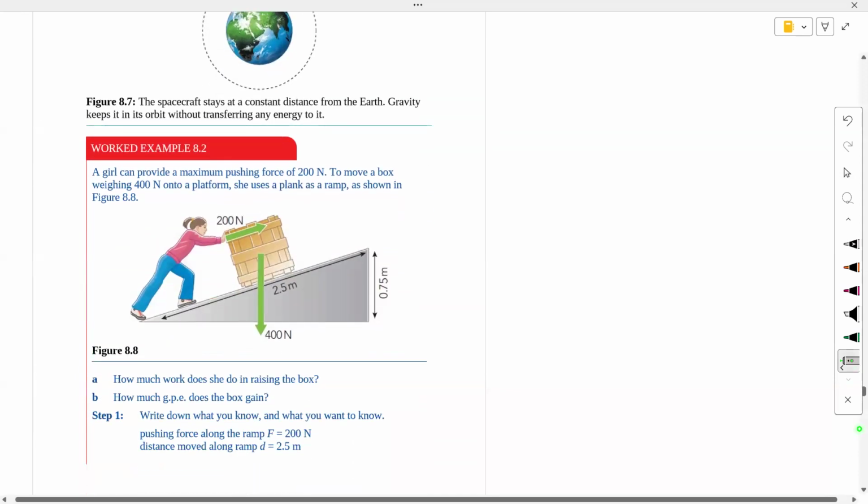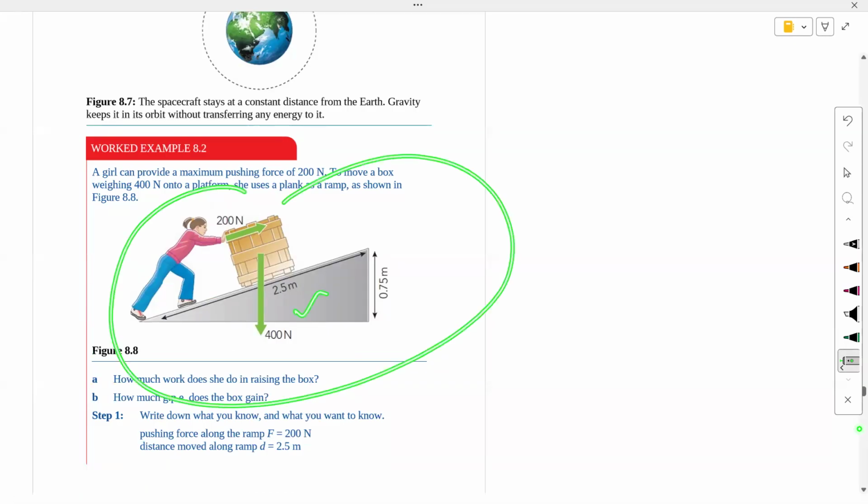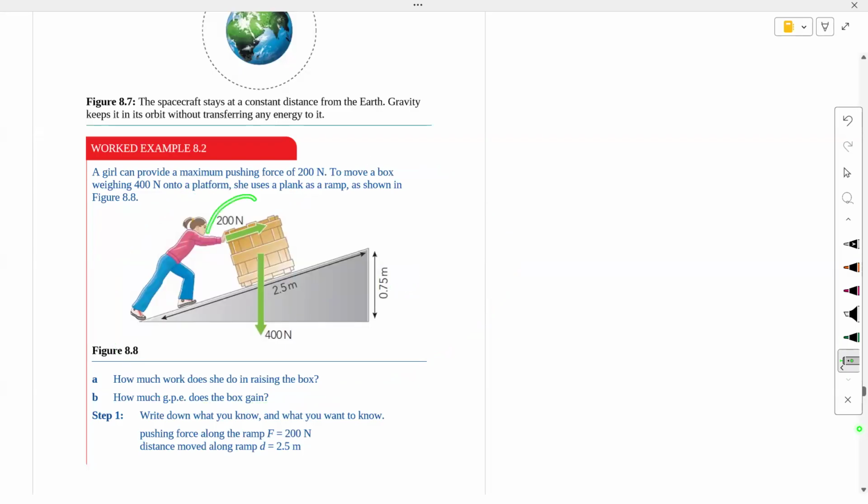By the way, whenever we have a question like this, where we have a number of distances and forces acting, for the work done we need to identify which force it is and the distance traveled in the direction of force, which is 2.5. For mgh, mg is this and h is this.